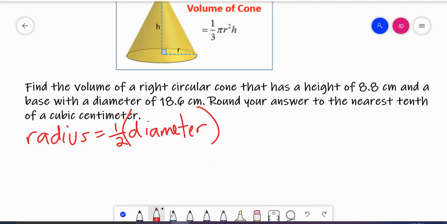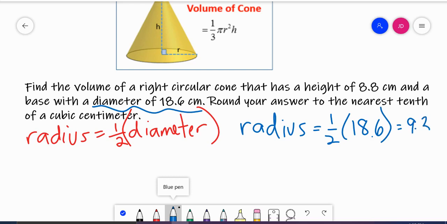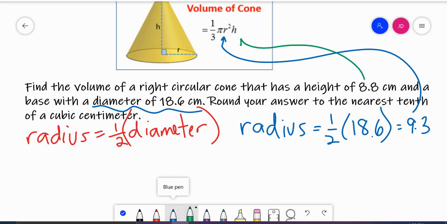So that means this has a radius of 9.3. That's going to go in for my r squared. The 8.8 is going to go in for the h. And so my volume formula is going to be 1/3 pi r squared, so 9.3 squared, and the h is 8.8.